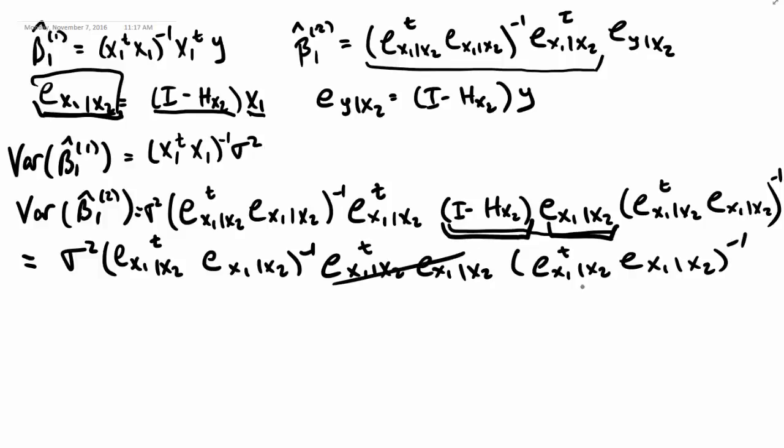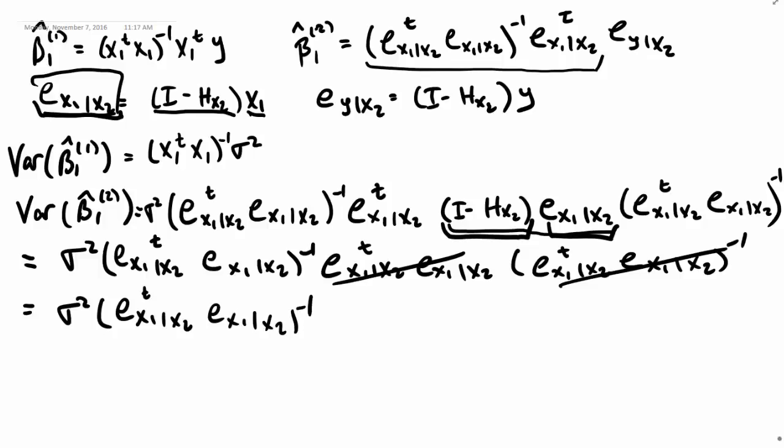So this and that cancel, and I see that the variance of beta 1 hat fit under model 2 is just this.